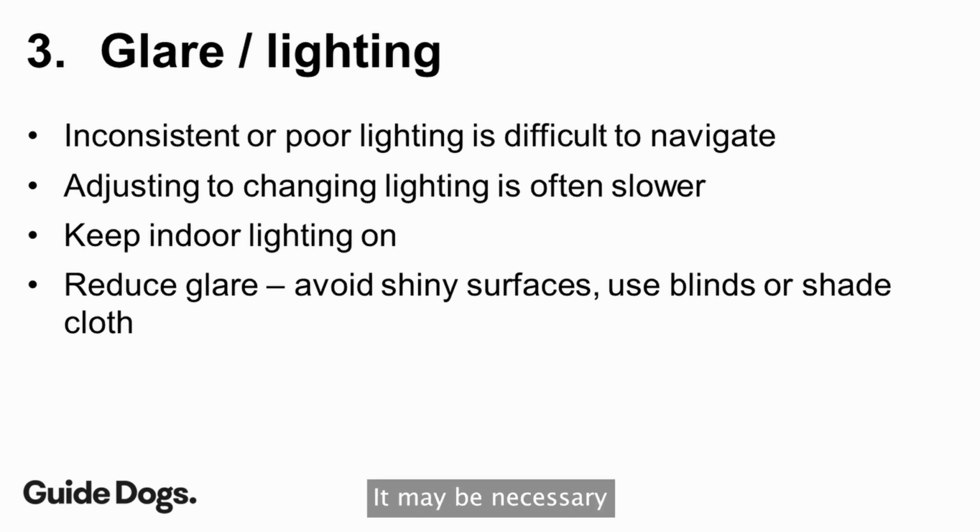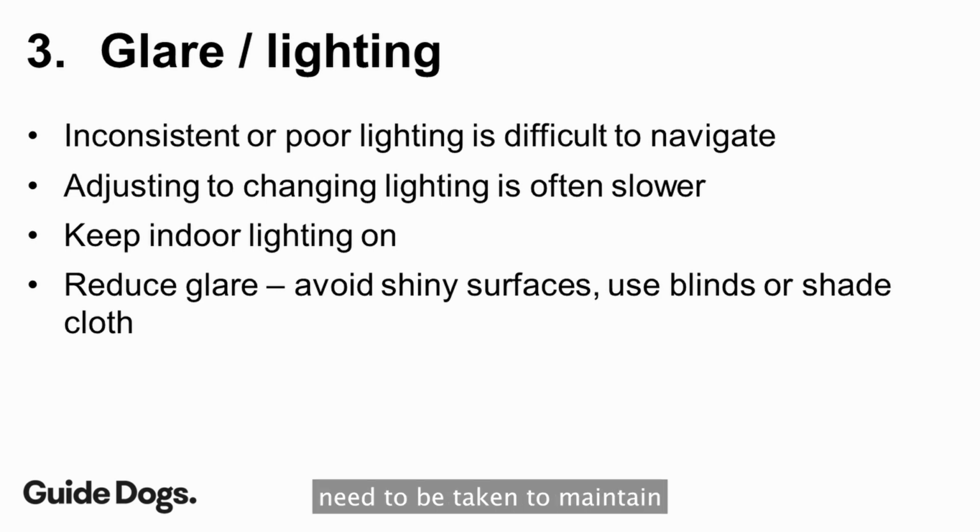It may be necessary to keep indoor lighting on, especially in darker or dimly lit areas where natural light is reduced, such as stairwells. Glare can also create as much difficulty as insufficient lighting.